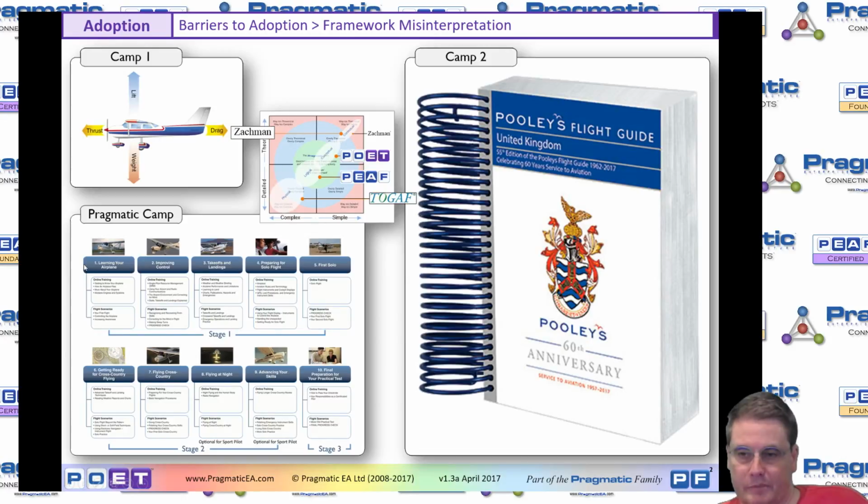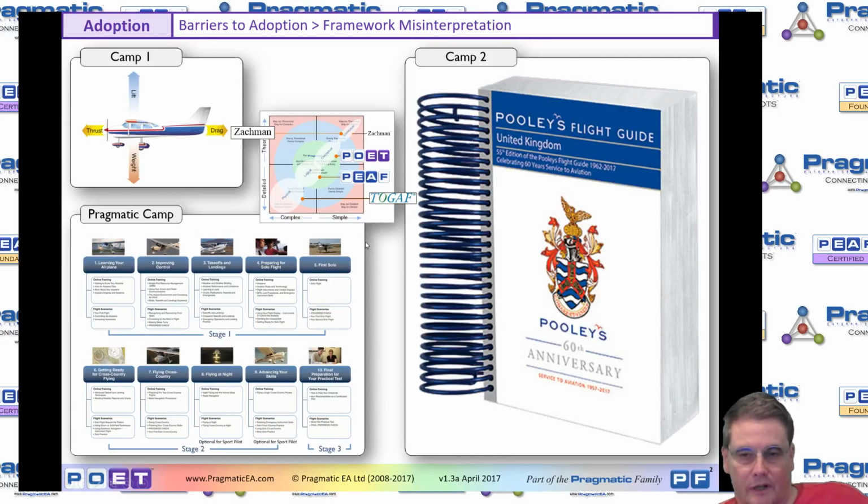What we're actually providing is something in the middle, this pragmatic camp. And this kind of relates back to one of the introductory diagrams, which shows how POET and PEAF fit between Zachman, which is a very high level simplistic way of looking at things with not a lot of guidance, which is kind of camp 1, and the TOGAF way of looking at things, which is a massively detailed way of looking at things.